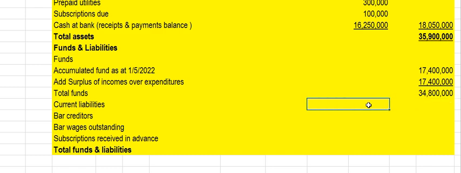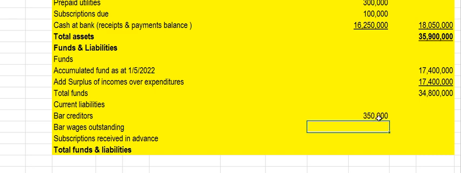So let's show the current liabilities. Current liabilities, we have the bar creditors, that is 350,000 as per the additional information, the closing balance of the bar creditors. Bar wages outstanding, that is 250,000. Subscriptions received in advance, those are incomes in advance, they are current liabilities. The closing balance is 500.